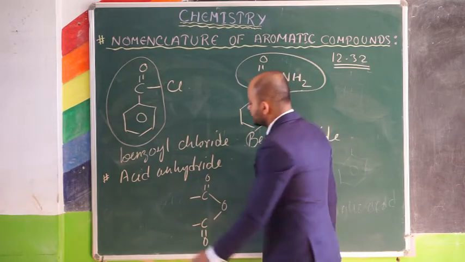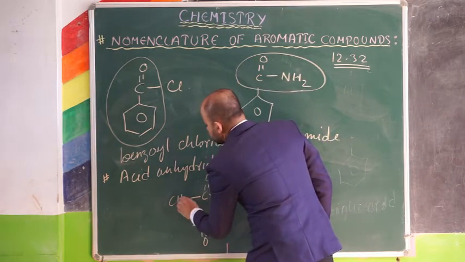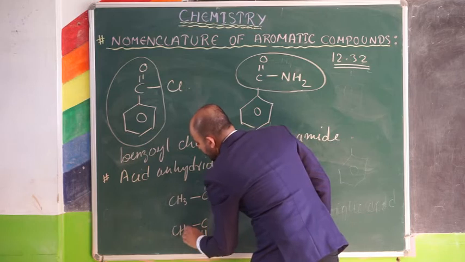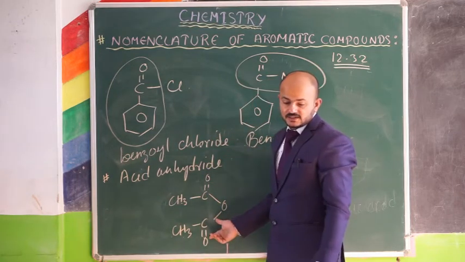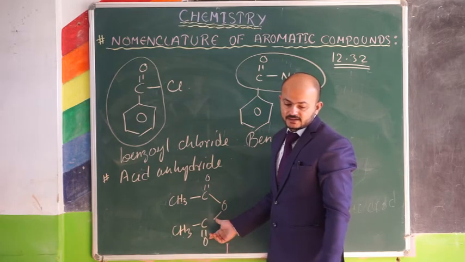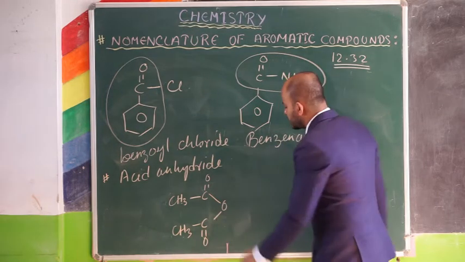Whenever it is bonded with CH3 on both sides, then this is acetic anhydride.